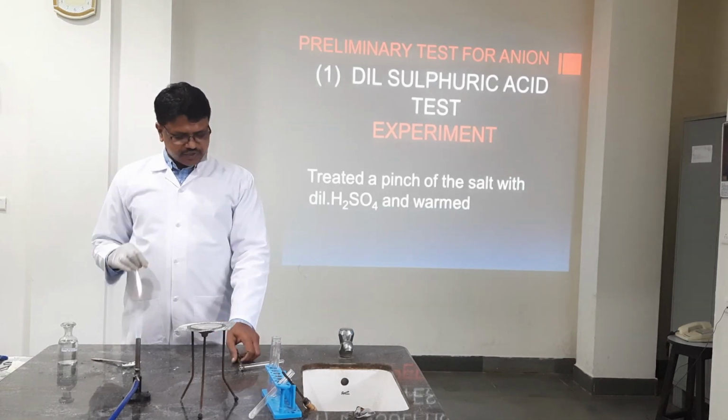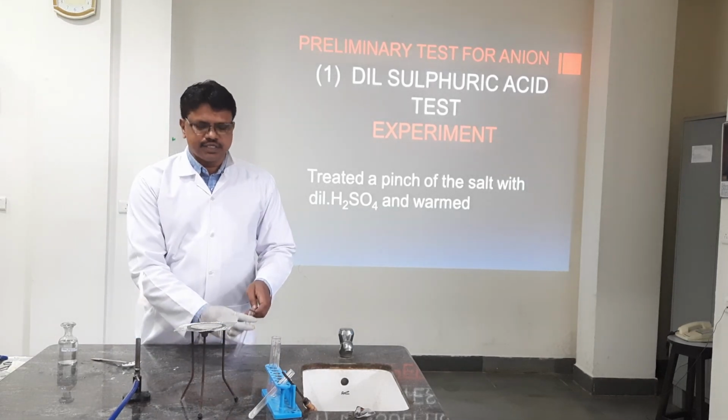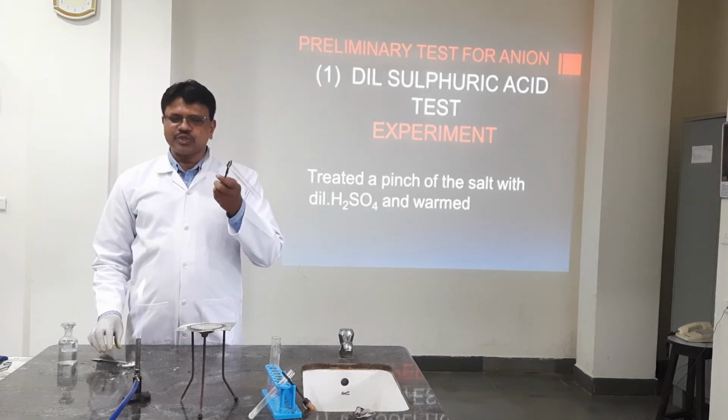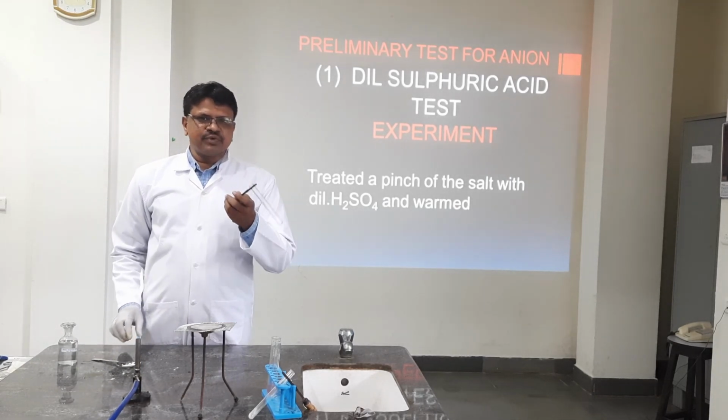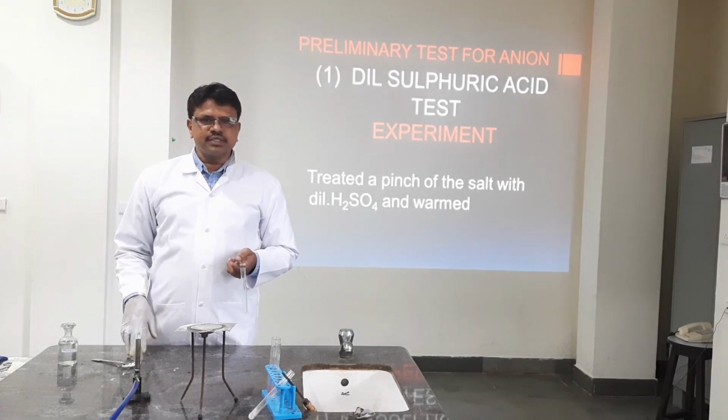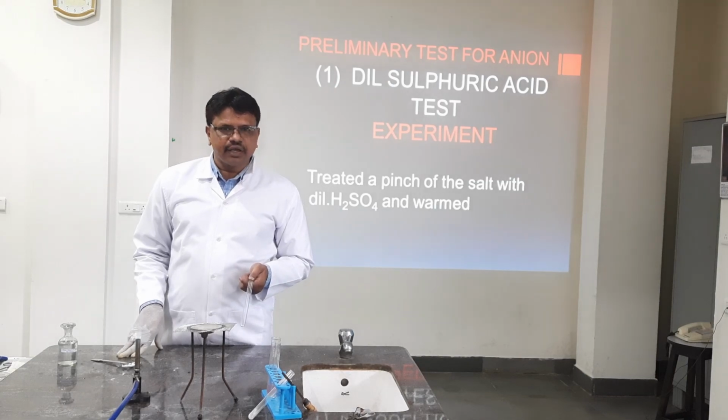Okay. The first test for this anion, the preliminary test, is the identification test, that is the test with dilute H2SO4. With this test we are going to identify two anions. What are those two anions? Carbonate ion and sulfide ion.